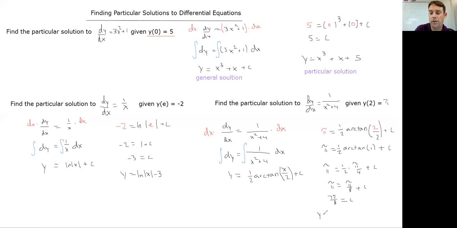So our particular solution then is y equals 1/2 arctangent of x divided by 2 plus 7 pi over 8.